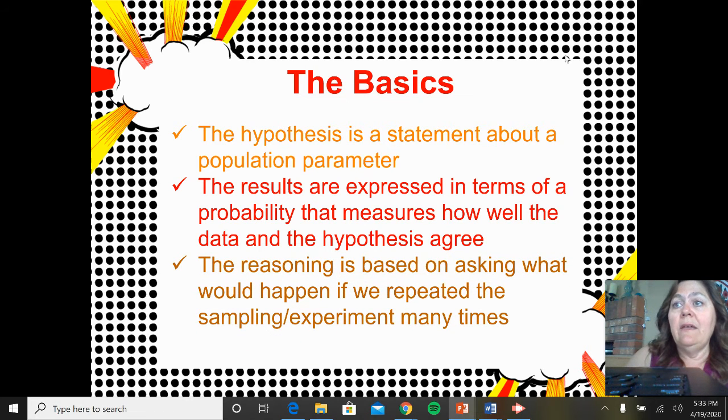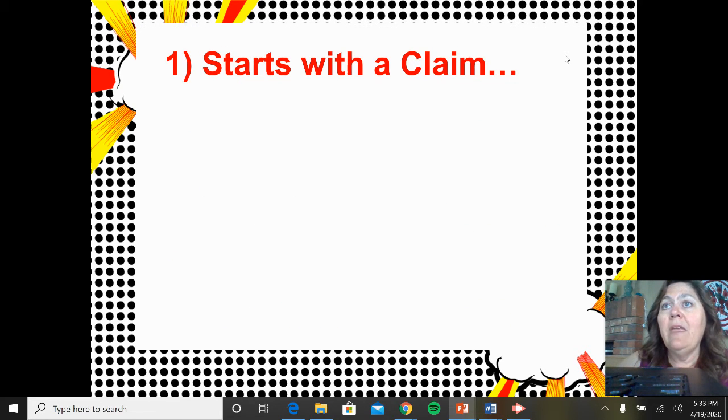Okay. And again, just like in chapters 9 and 10, this is based on the fact that we're getting these results based on this procedure having been done many times.